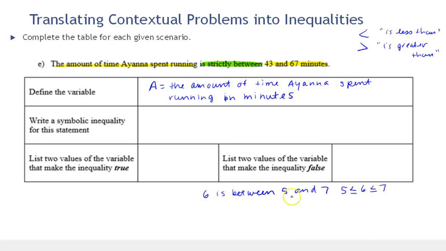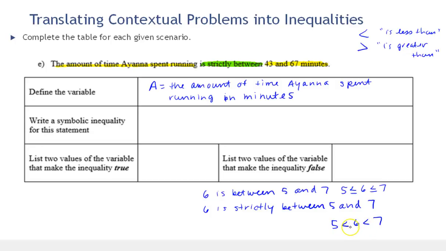And if we definitely do not want that to be the case, we're going to use the word strictly between. So remember, strictly, we said, means that it excludes the possibility of being equal to. So if I say 6 is strictly between 5 and 7, we will write 5 is less than 6 is less than 7, and we won't allow for equalities.